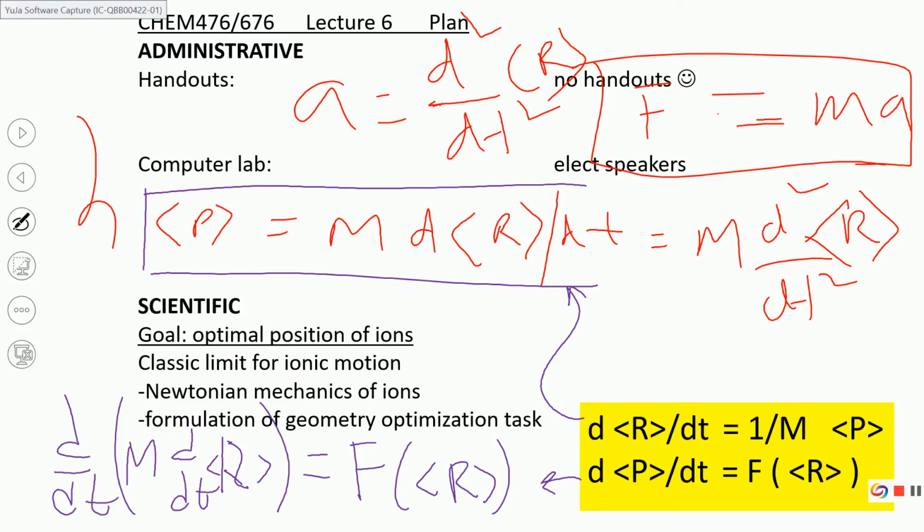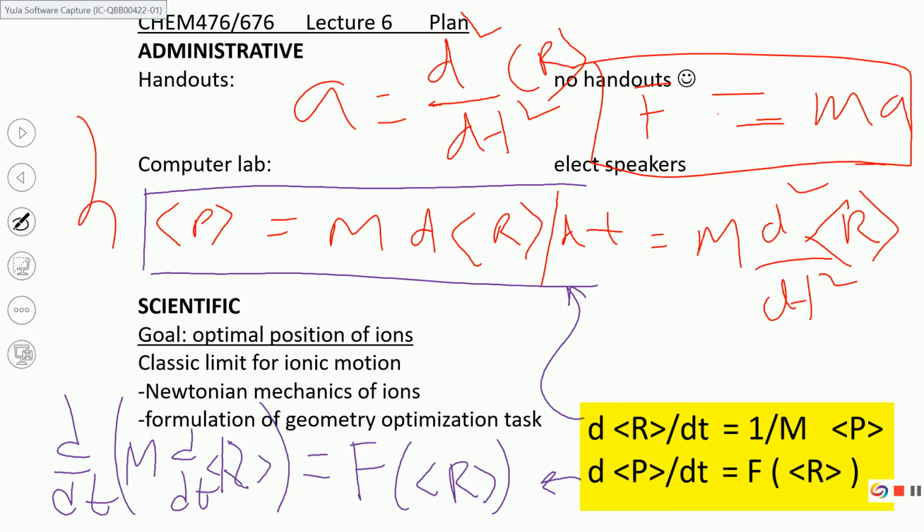So we never neglect the fact that there are wave functions, so that even one atom, one nucleus, has a distribution of being here and there.